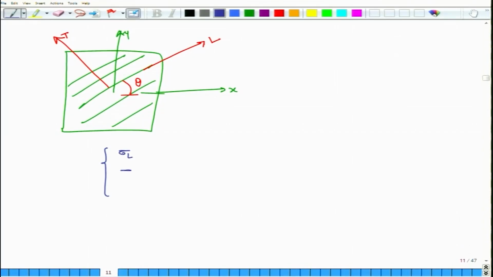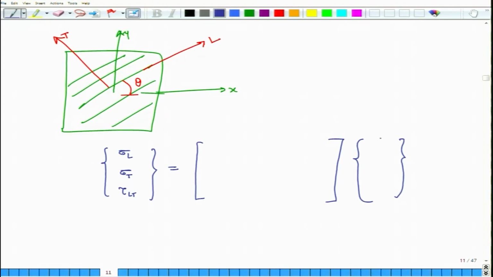So, I can write that sigma L, sigma t and the shear stress is nothing but, so these relationships have been developed earlier in your earlier classes. So, we will not capture that again.